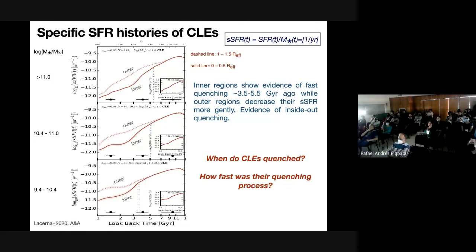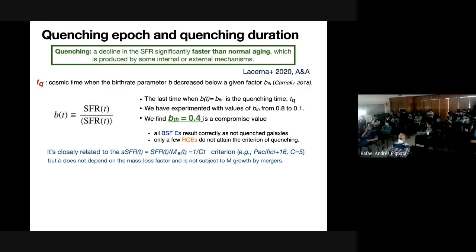Here we have again 3 mass bins, each panel. And you can see that in the inner parts, the specific star formation rate decreases very fast. The galaxies quench inside out, while the outer parts, of course, also decrease, but not as fast as in the inner part. So this is a proof of the inside-out quenching that these elliptical galaxies suffered.